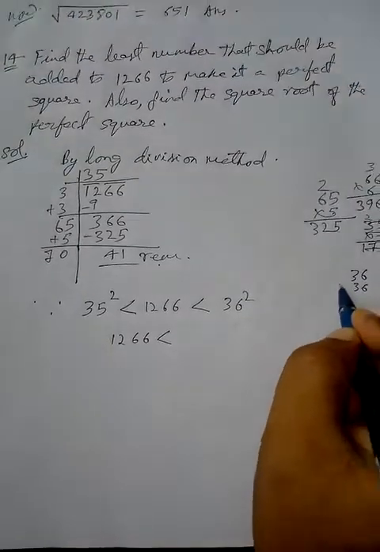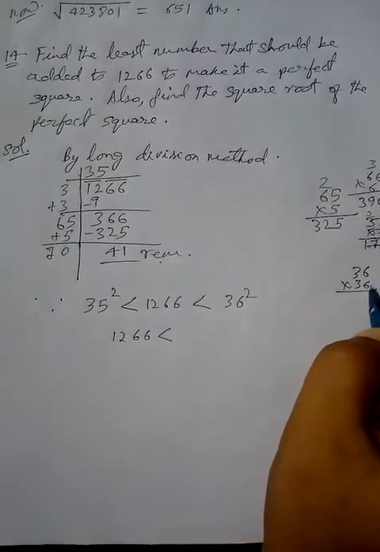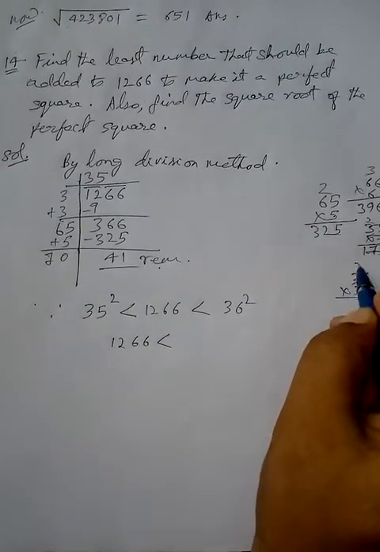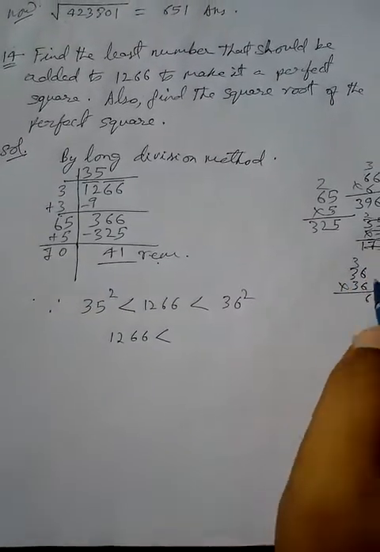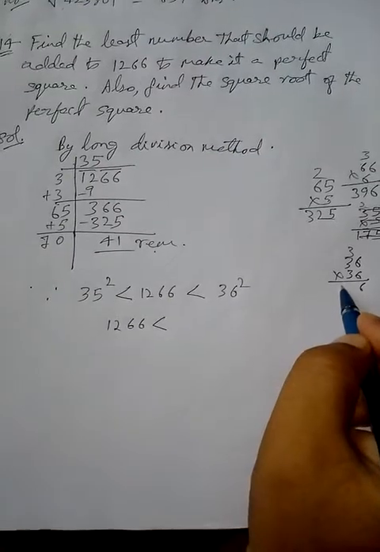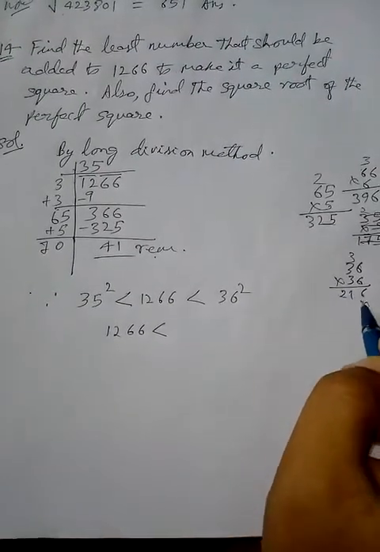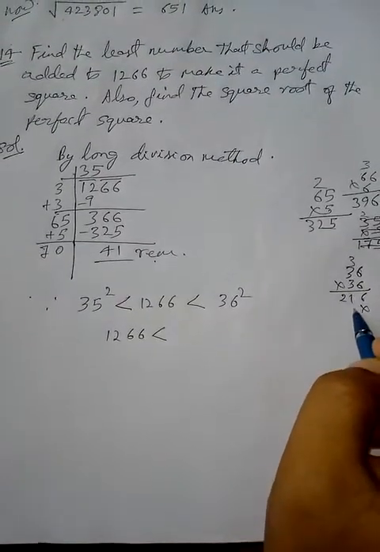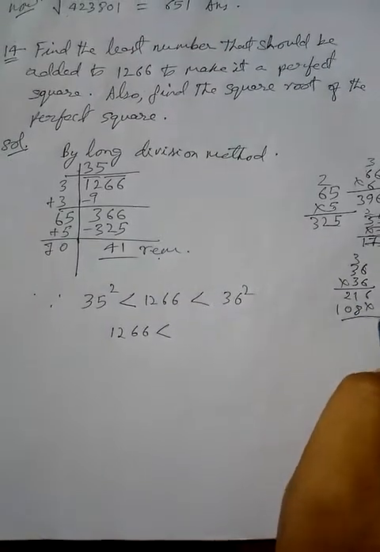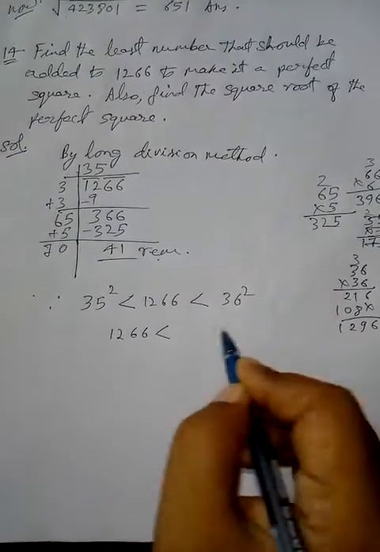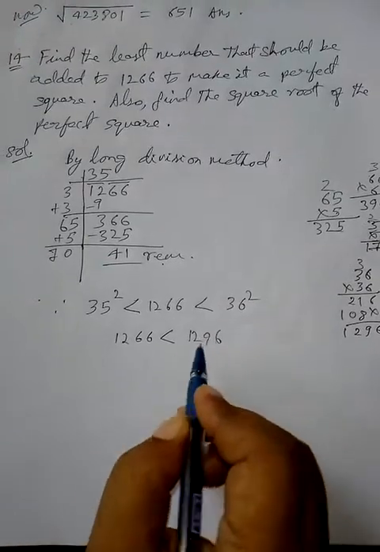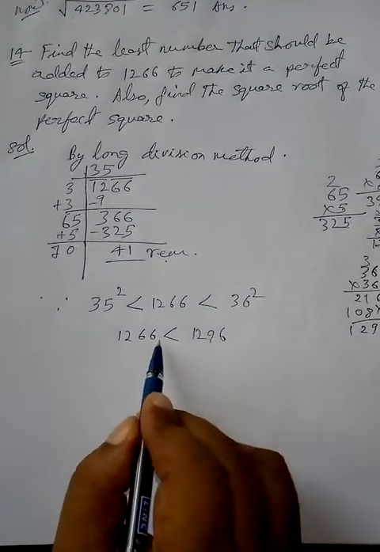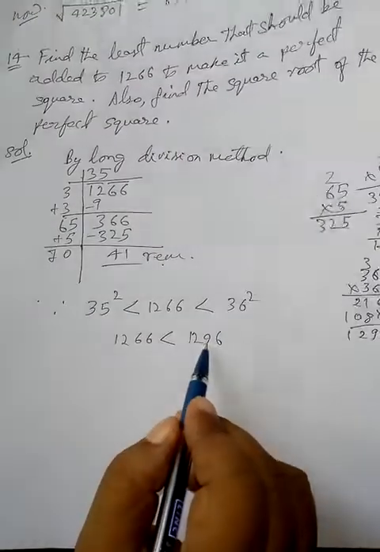36 into 36: 6 6s are 36, carry 3, and 6 3s are 18 and 3 is 21. 3 6s are 18, 3 3s are 9, 10, 1296. So whatever is less will be added to this.